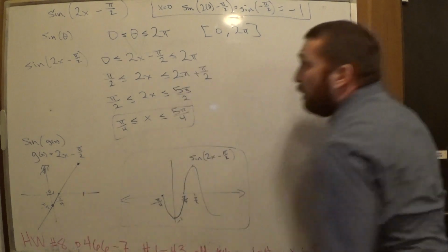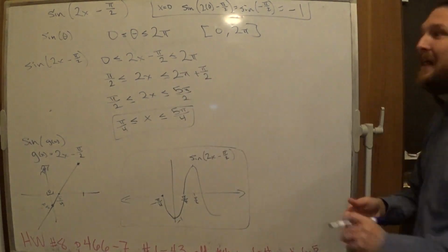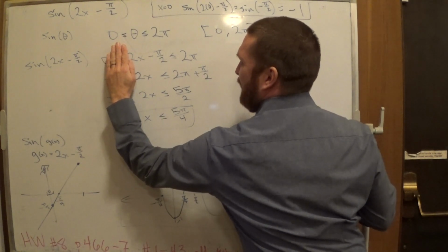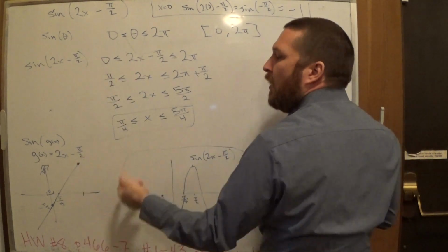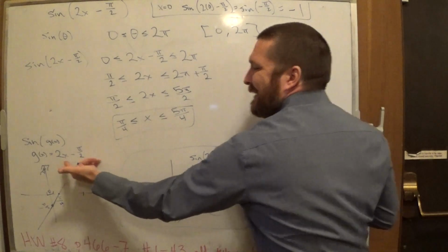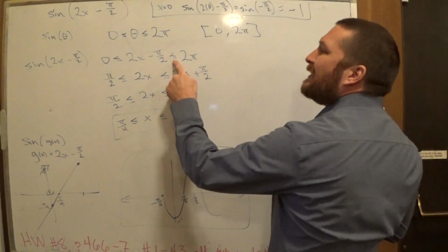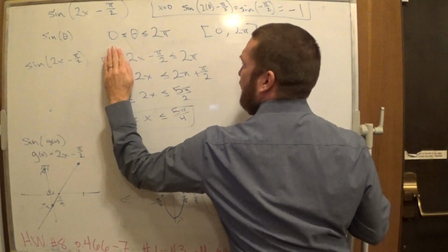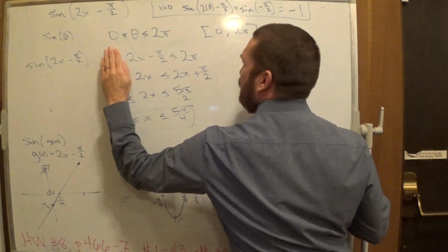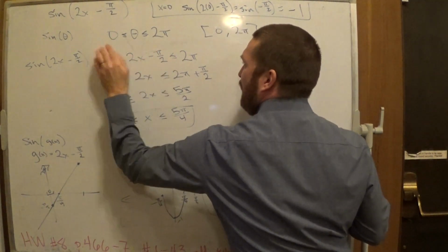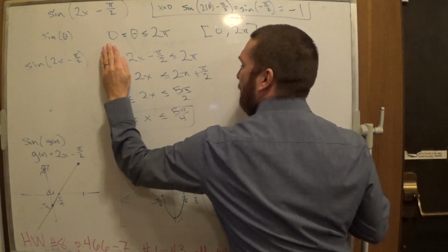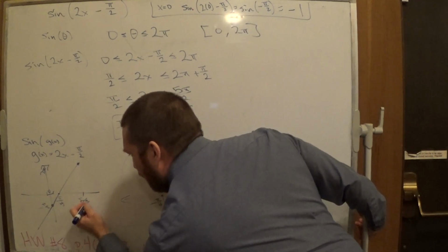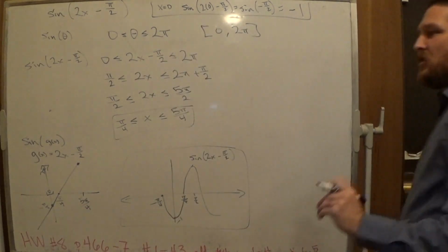But we've done that already, haven't we? If you cover that up and pretend that's an equal sign right there, what you've just done is found where the output of the function is equal to 2 pi. And it turns out to be at 5 pi over 4.